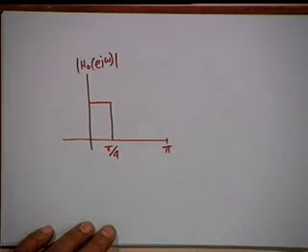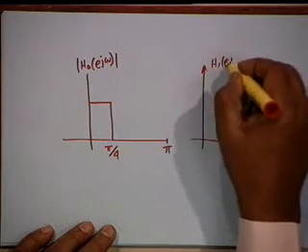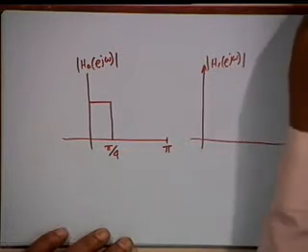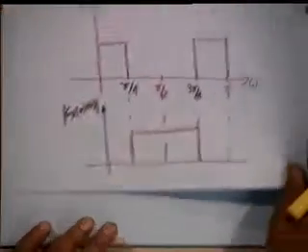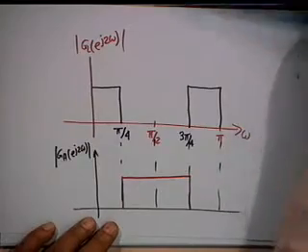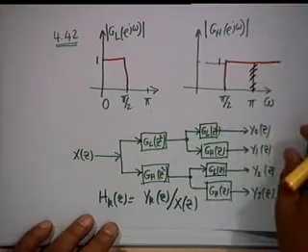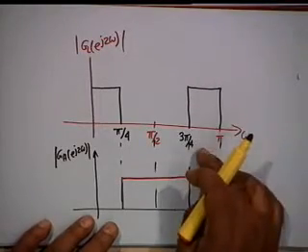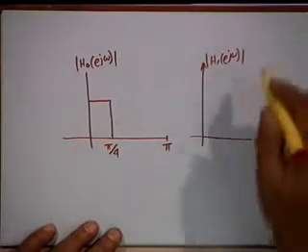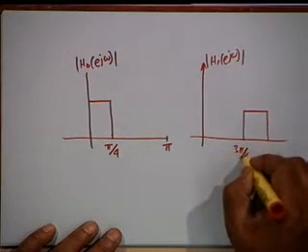This is pi. H1 of e to the j omega magnitude shall exist. H1 is this low pass thing multiplied by the high pass response, this one. So I shall get from pi by 4, 3 pi by 4 to pi. That's it. Three pi by 4 to pi.